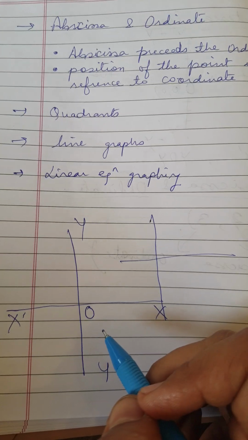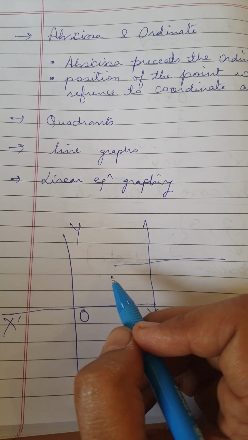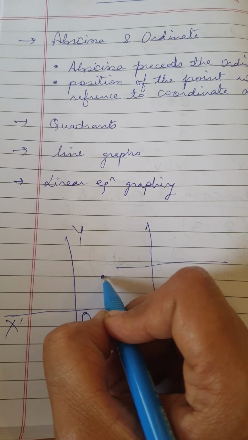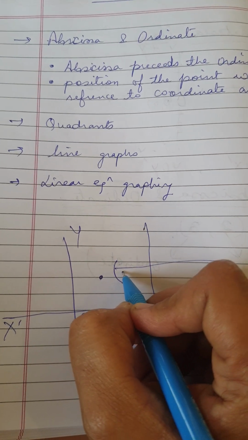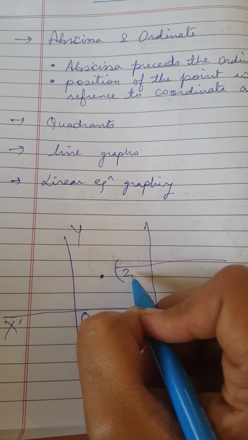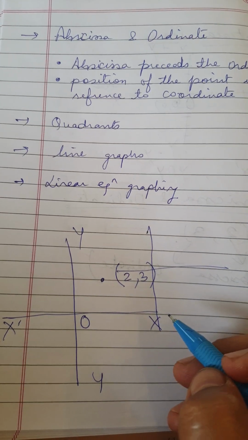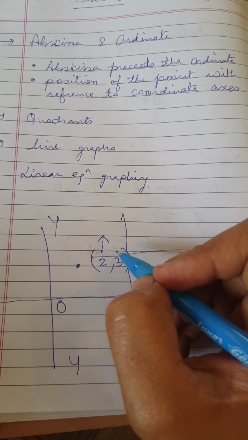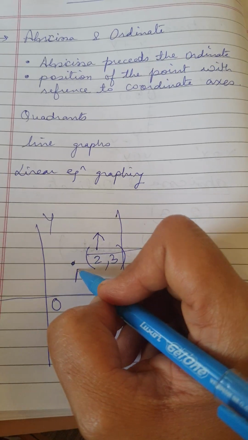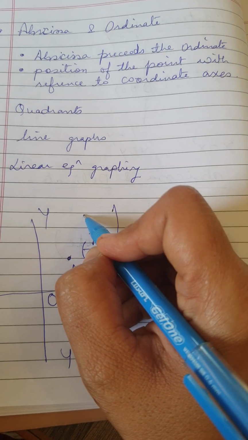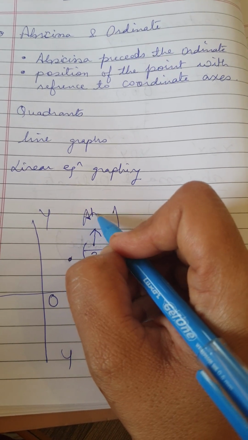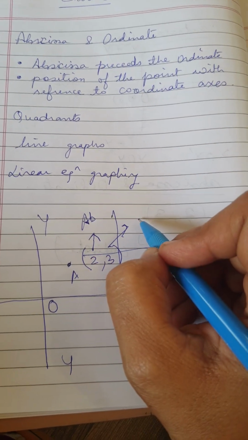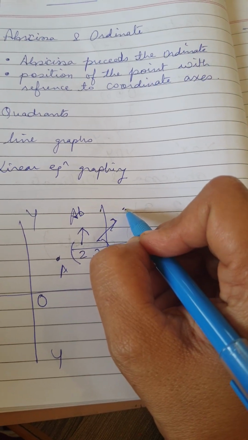When we plot any graph, the first coordinate of a point which we plot over this graph, suppose the coordinates of this point is 2, 3. So this first value, or we can say the first coordinate of this point, which is a point A, is known as abscissa, and the second coordinate of this point is known as ordinate.